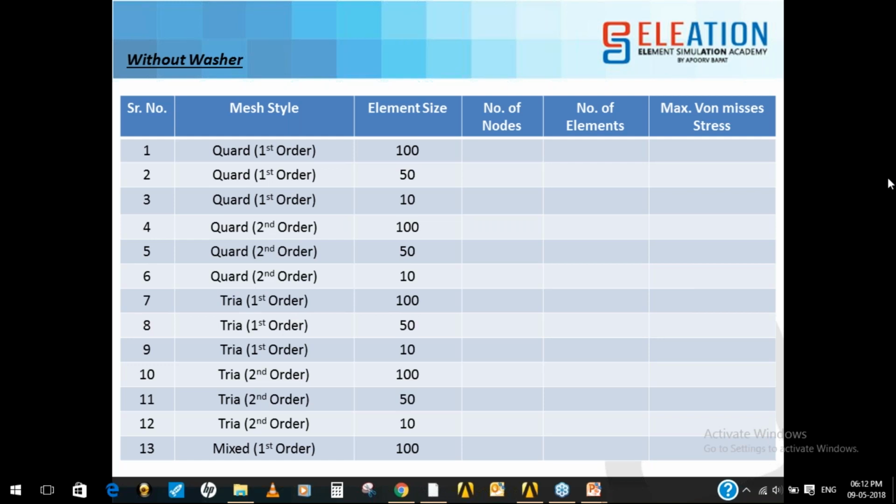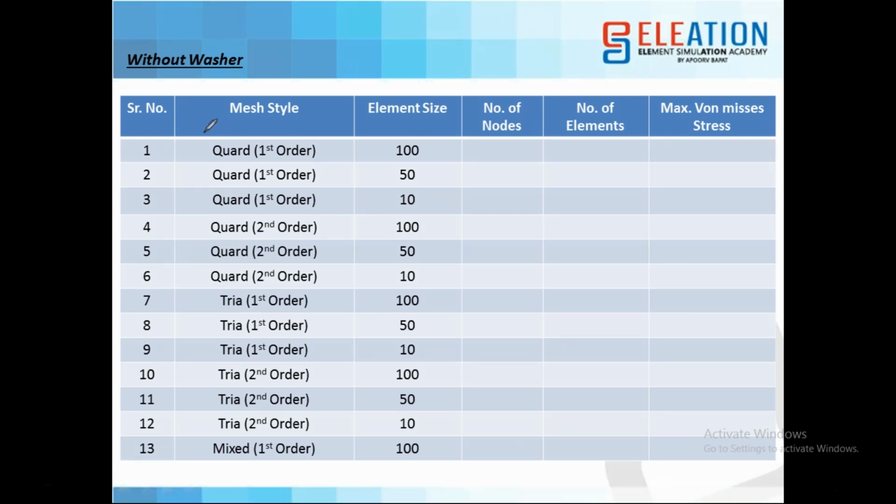We'll start with the first problem in which we need to mesh our geometry by using quad elements of first order. As you must have seen during the theory, we have first order and second order elements. We'll solve the first problem statement by using first order quad elements, and the element size which we are going to use is 100.